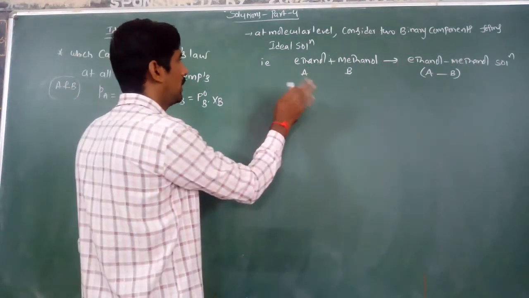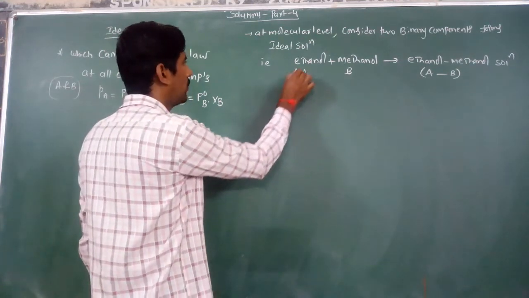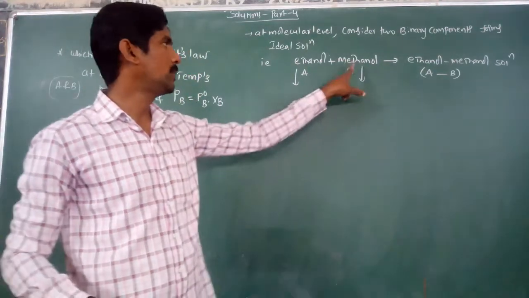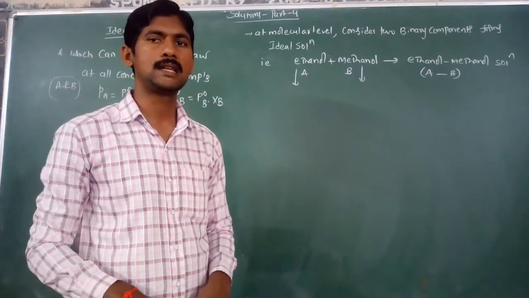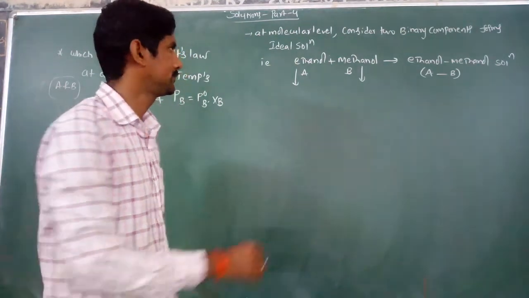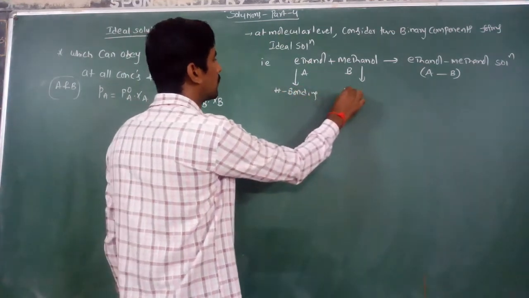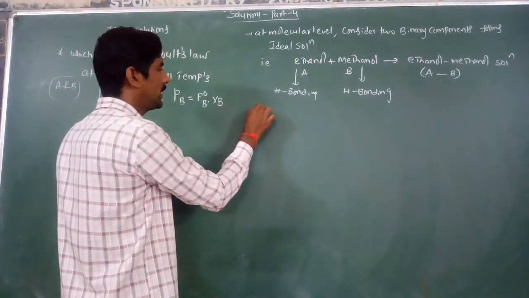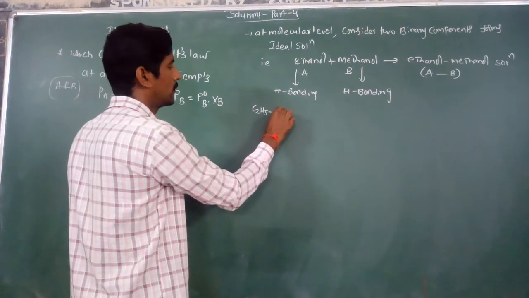Before adding methanol to ethanol, in between ethanol molecules there is hydrogen bonding. So that is component A, ethanol, C2H5OH.